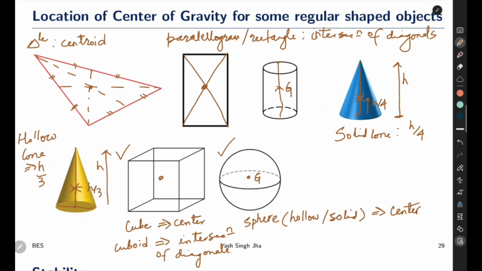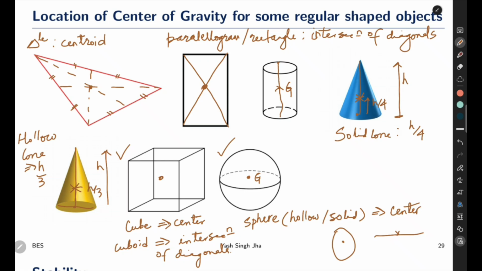It's important from an ICSE perspective to know some of these locations. You should check out the page in your textbooks where it is given in detail in a tabular and very neat format, about the location of the center of gravity for regularly shaped objects. For a circle it is the center, for a rod it is the midpoint.